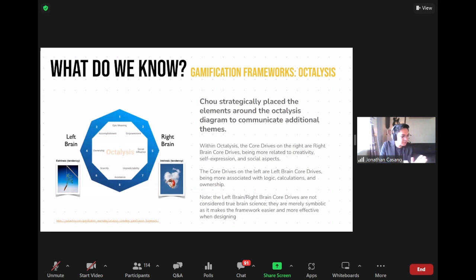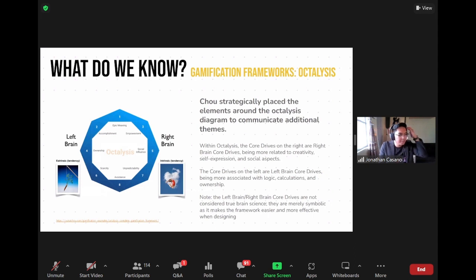Sorry, let me read the last paragraph first. The labels are not considered true brain science, but they are merely there so that dealing with the designing phase is manageable. But you can understand it as practically the same way.